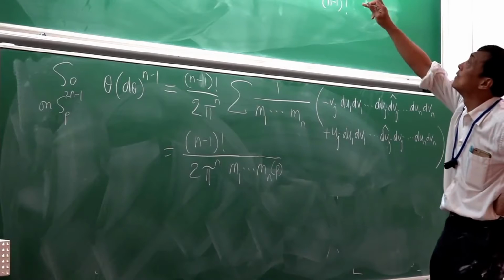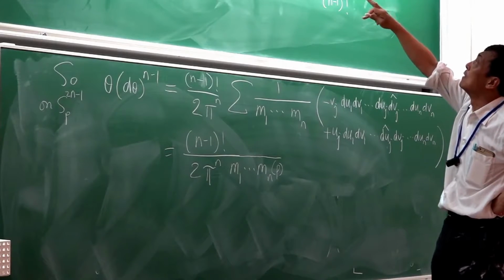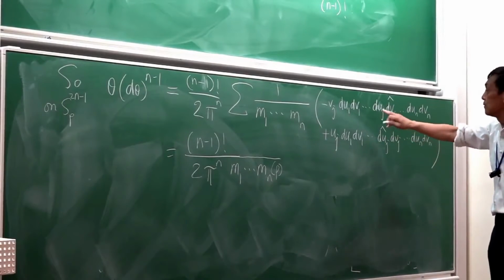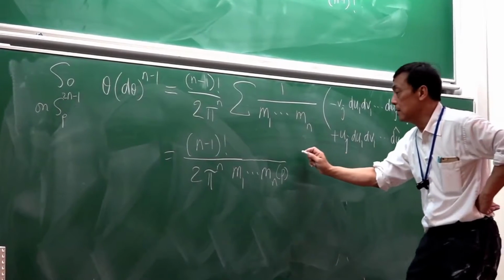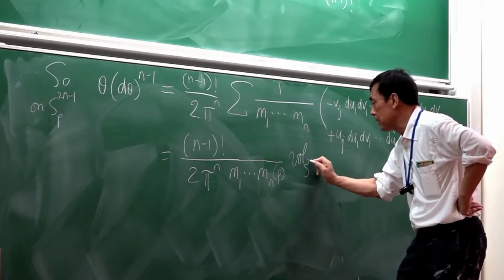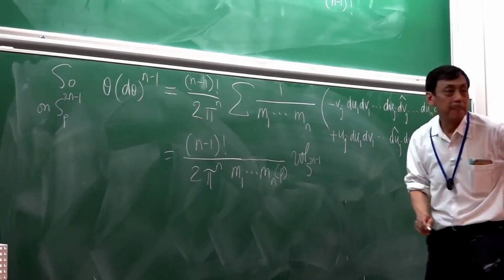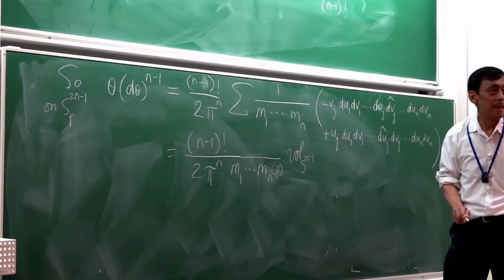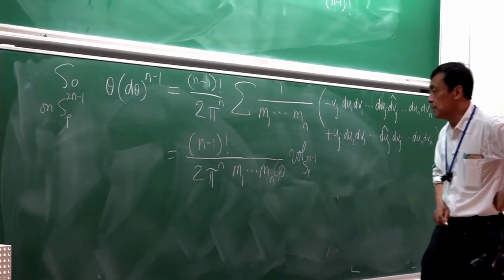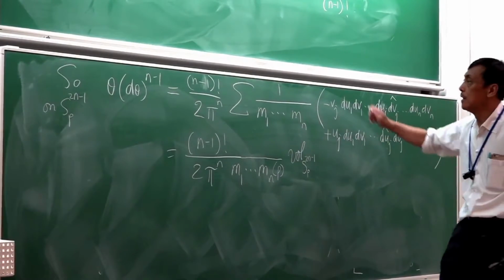The volume form of the sphere, you have that variable, and then you have the dx_i missing, and that's precisely this. So this is precisely the volume form of S^(2m-1), and that is a sphere about the point P, okay?